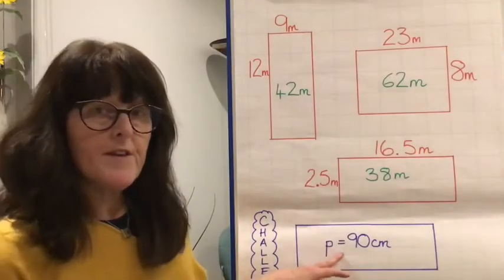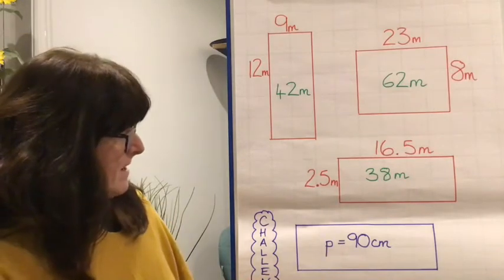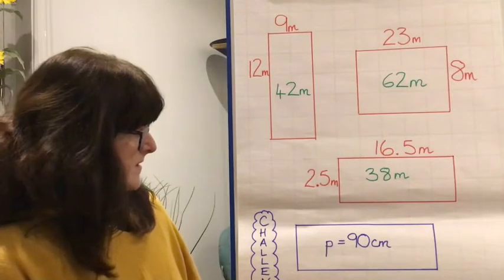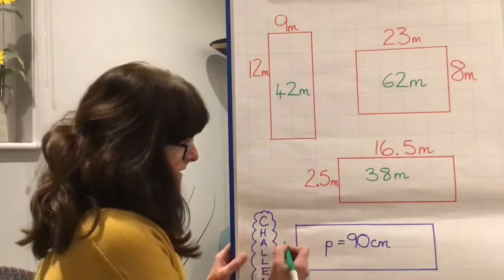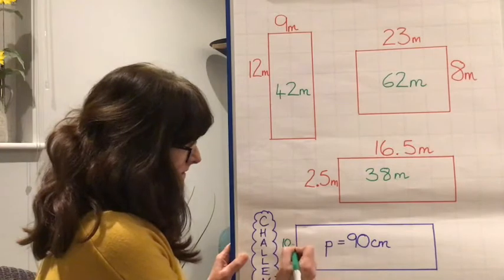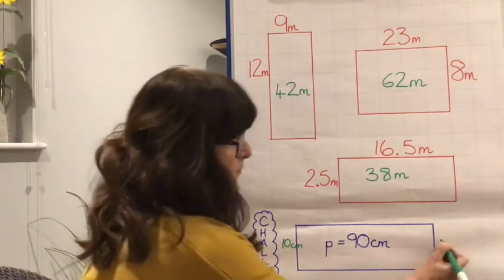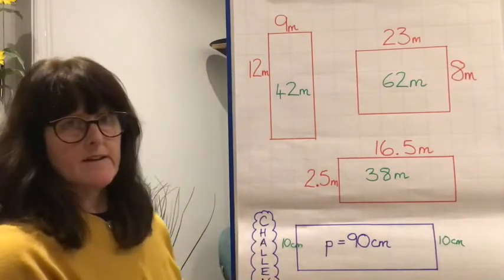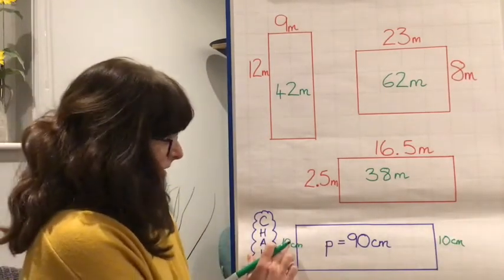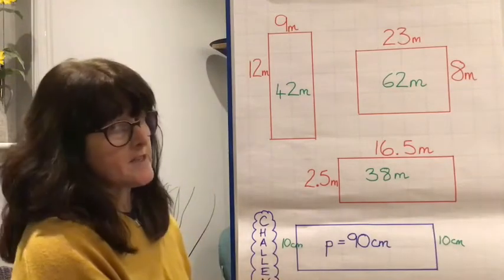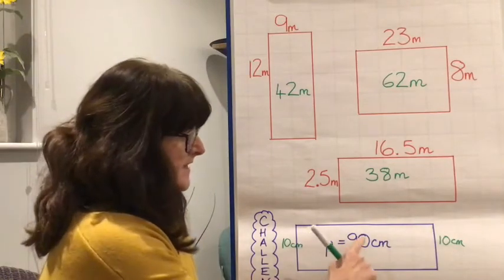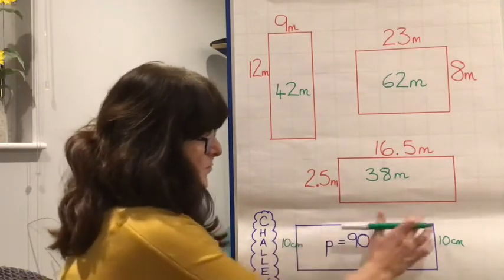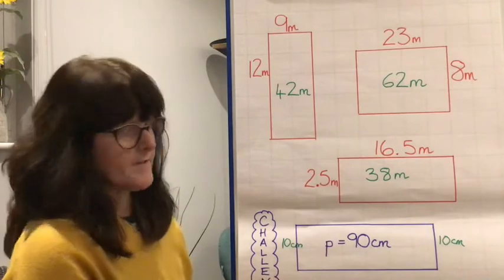Now, to solve this final problem, I'm just going to pick some very easy numbers to start with. So I'm going to suggest that the width could be 10 centimetres, and therefore this side must be 10 as well. So I've got 10 and 10 there, which is 20. So if I do 90 take away 20, I need to split 70 centimetres between this length and this length.